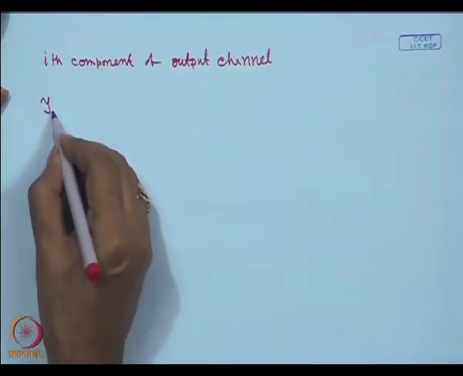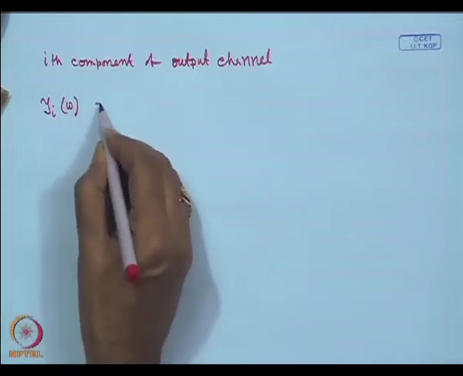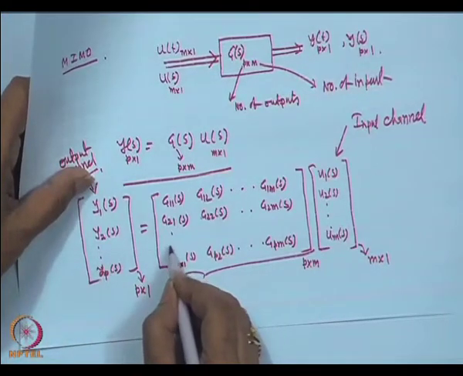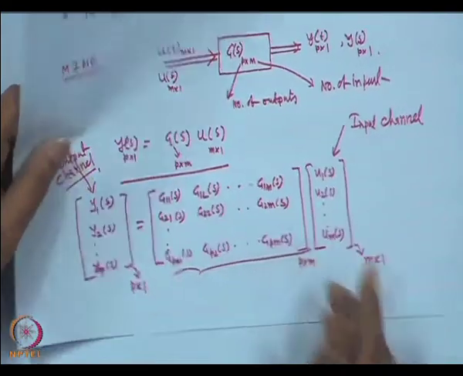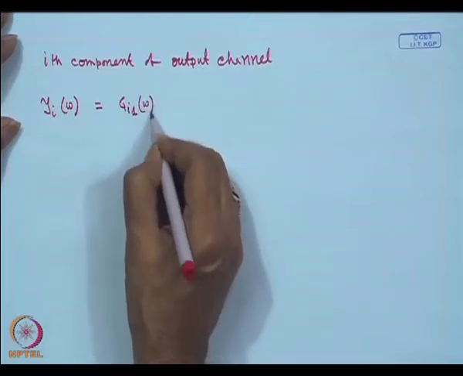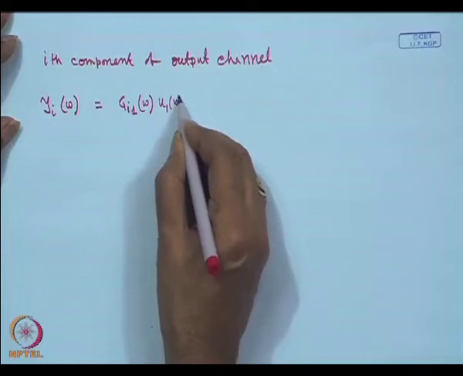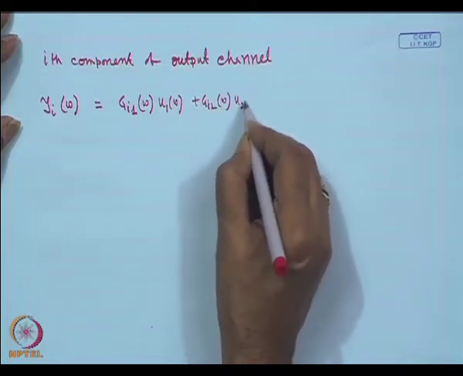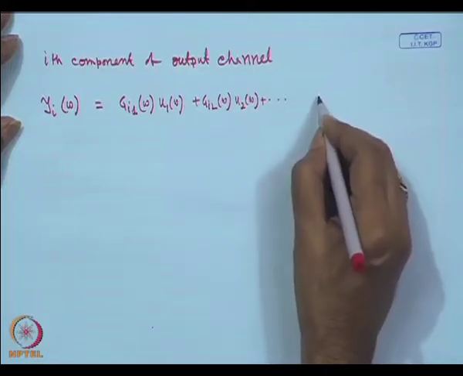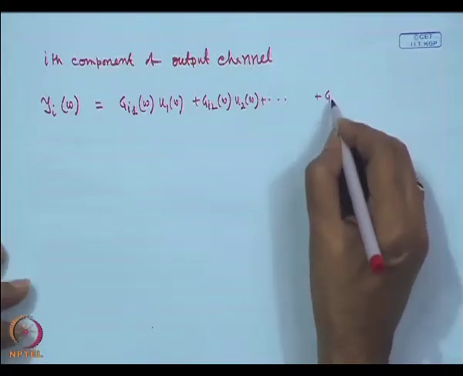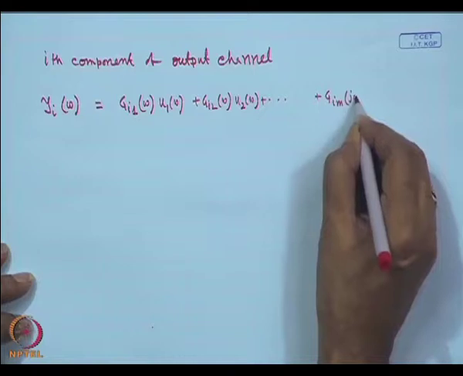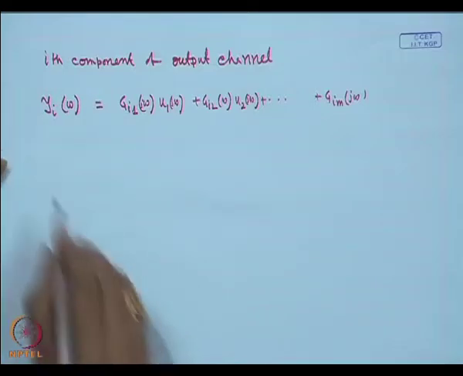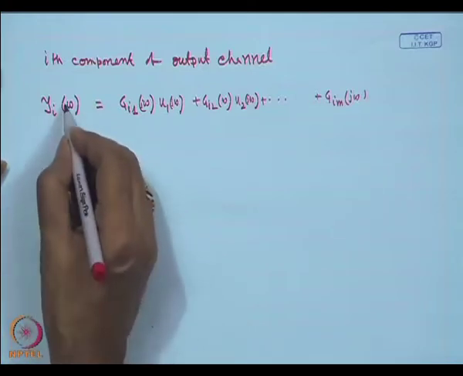How can I write it? Yi(jω) is equal to Gi1(jω) U1(jω) plus Gi2(jω) U2(jω) plus and so on up to Gim(jω) Um(jω). I missed the j, so s is replaced by jω.